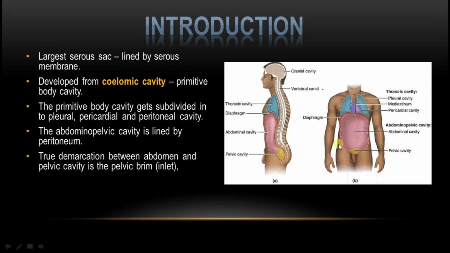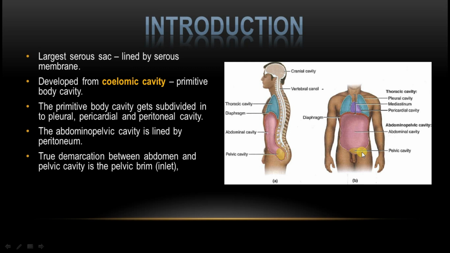The demarcation between the abdomen and the pelvis is the pelvic brim, or the uppermost border of the pelvic brim, which is formed by the sacral promontory, then the anterior border of the ala of the sacrum.